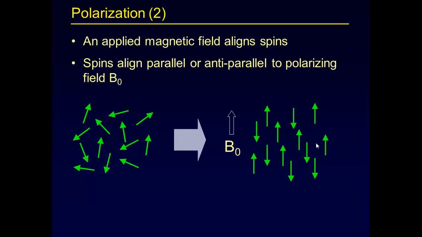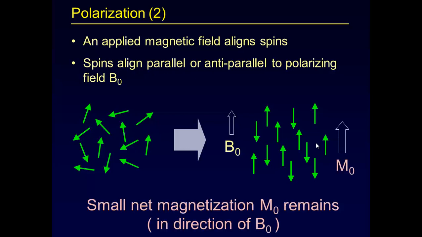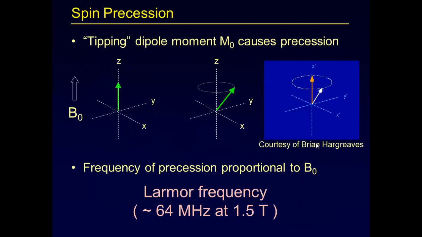What's interesting, the way that you're going to get an ability to image out of this, is that as these atoms go to line up with the magnetic field, they don't just go straight there. They actually precess. In other words, they rotate around as they converge towards pointing in the direction of the magnetic field. You can think of this like a spinning top. As it falls down, it starts to precess.